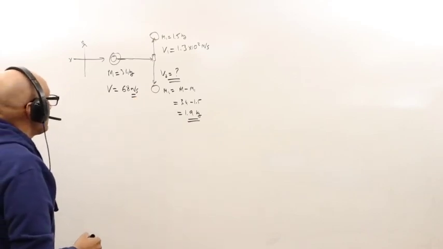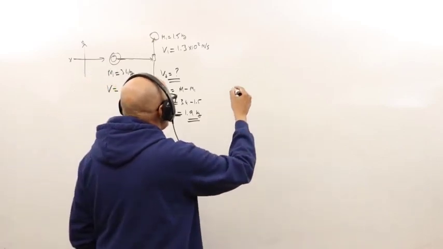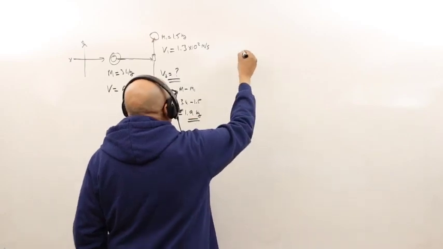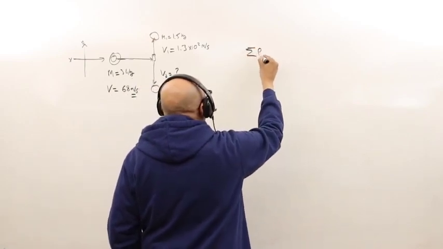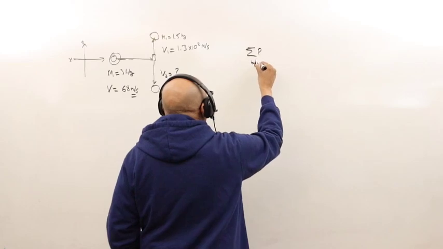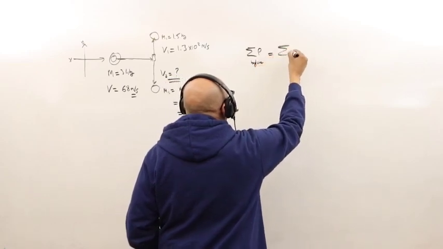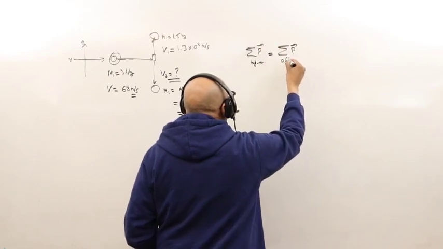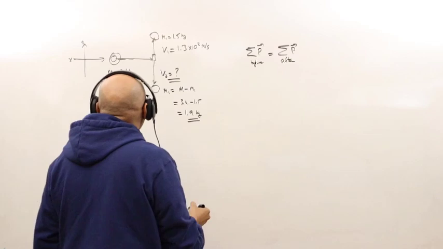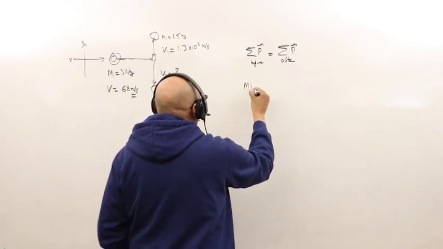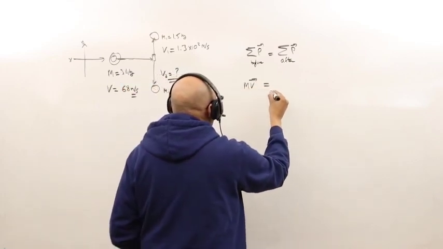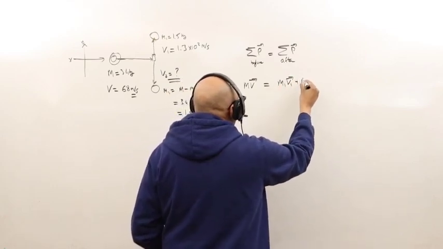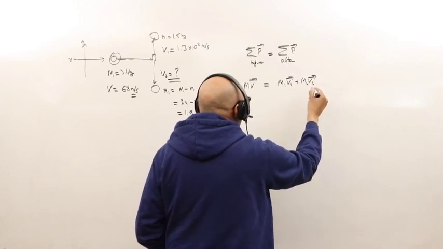So we're going to say the total momentum before is equal to total momentum after. The total momentum before happens to be mv as a vector, and that's equal to m1 v1 plus m2, the second mass, times velocity v2.